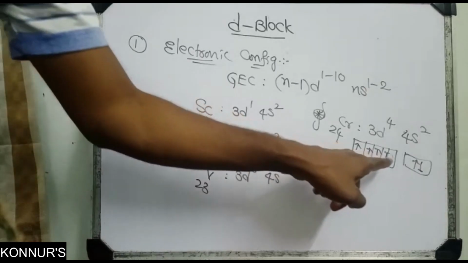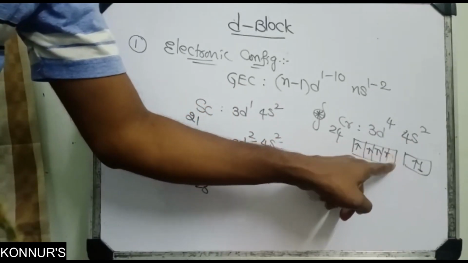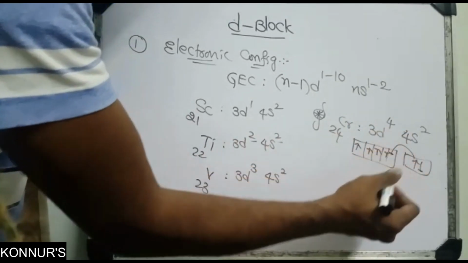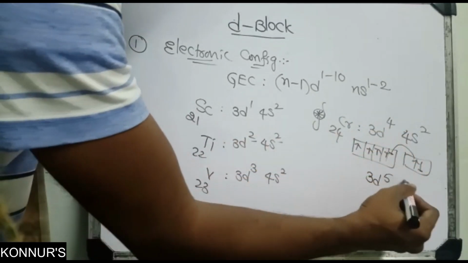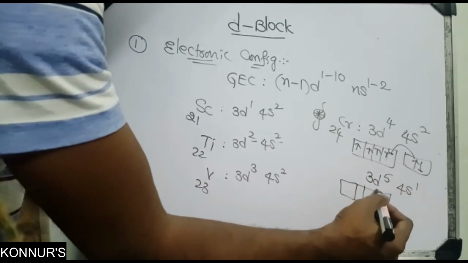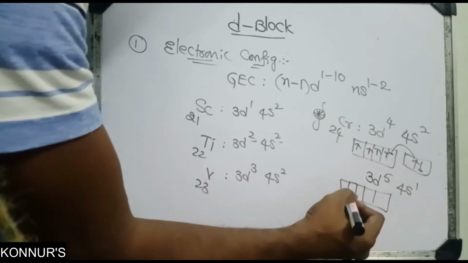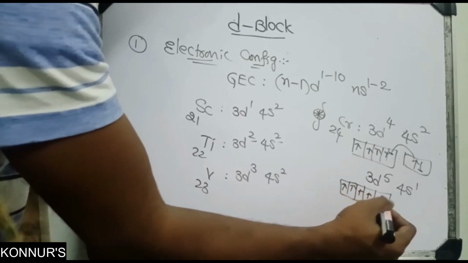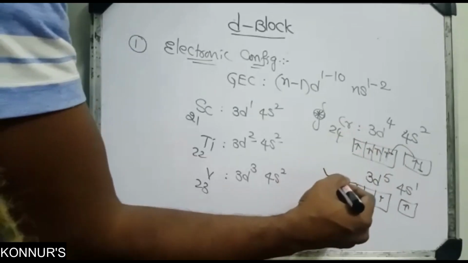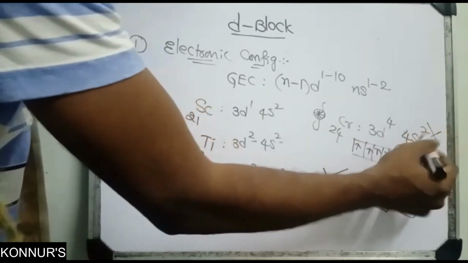Here, if a half-filled electronic configuration is there, that means more stability. So that's why the electron jumps from 4s to 3d, giving 3d5 4s1. 3d5 is half-filled, more stability. So for chromium, this is right, the other is wrong.